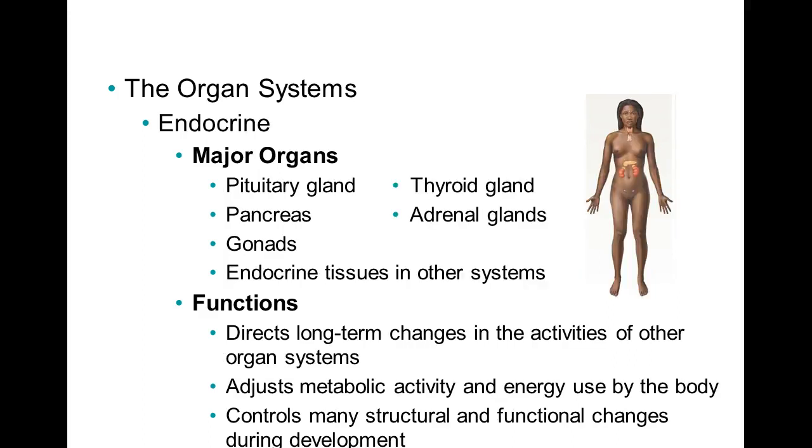Endocrine system, you do not study this in 141. It's a very interesting and complex system made up of glands that secrete hormones. Those hormones will respond to receptor sites on cells that are far away from where the hormone is created and secreted. So those hormones need to be secreted into the bloodstream. So we call the endocrine system the ductless system.